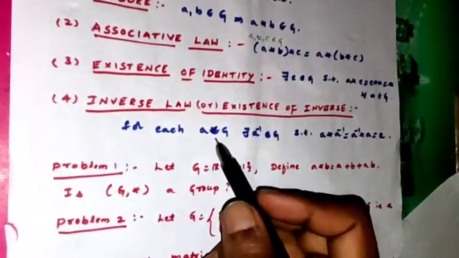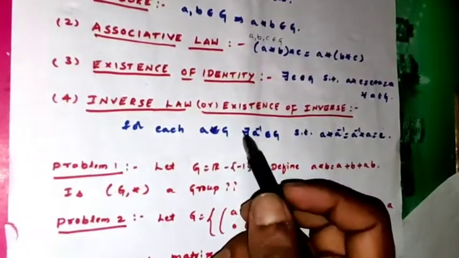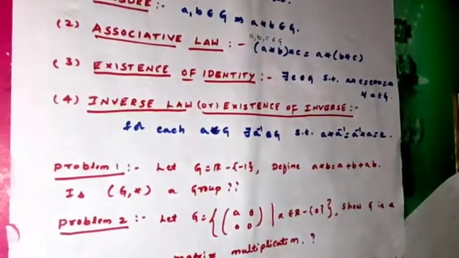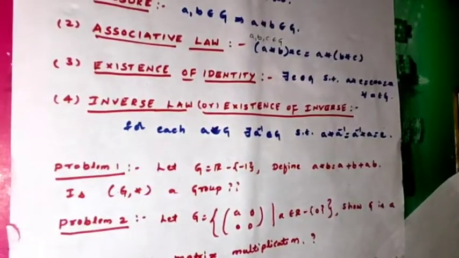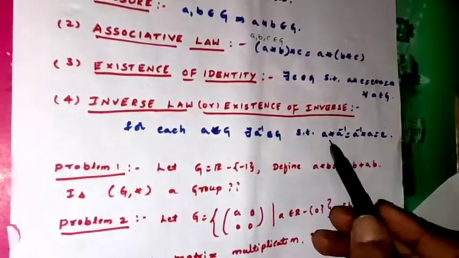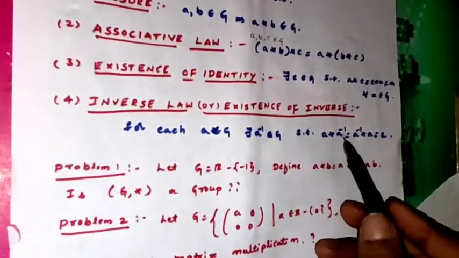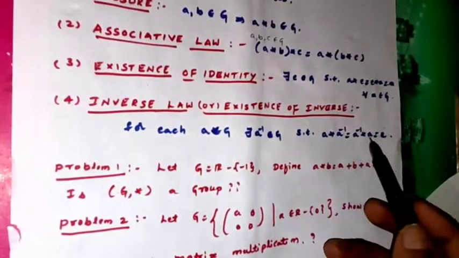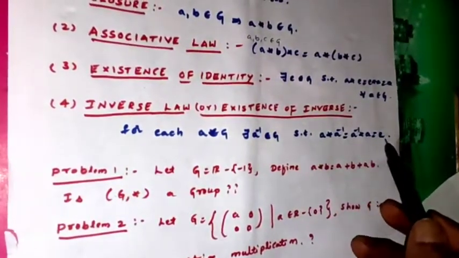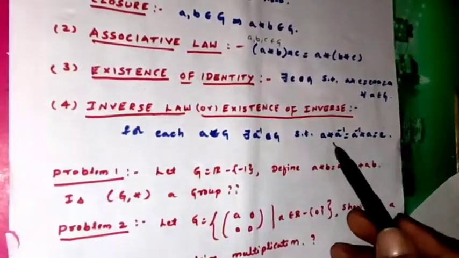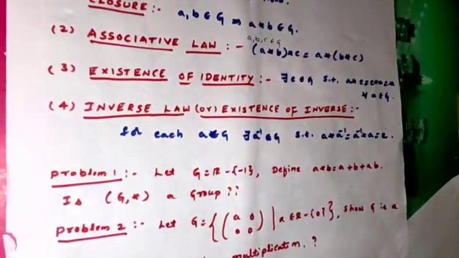For each a belonging to G there exists an inverse element of that element in G only, such that a star a inverse is equal to a inverse star a is equal to e. It should satisfy this condition.